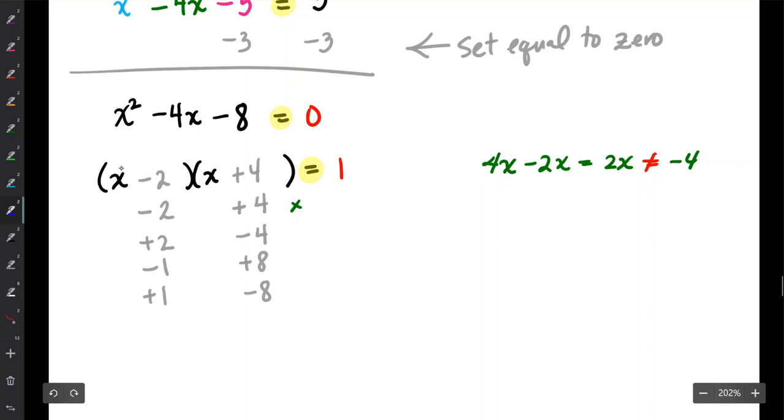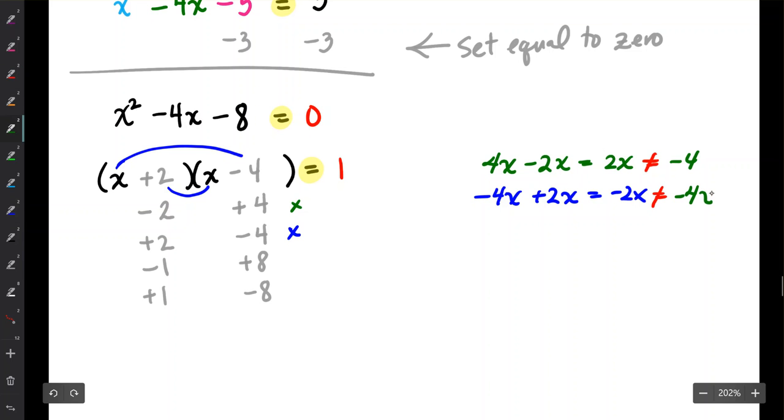What about if the 2 is positive and the 4 is negative? Well, does that help me? We now have a minus 4x plus a 2x, which is minus 2x, and that's not working either. That's not equal to minus 4x. And I know I said x, but I'm looking at my writing here. I didn't write an x.